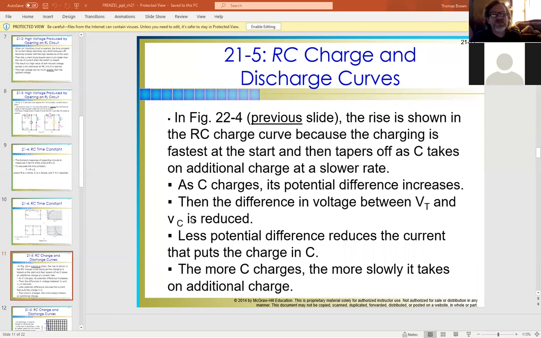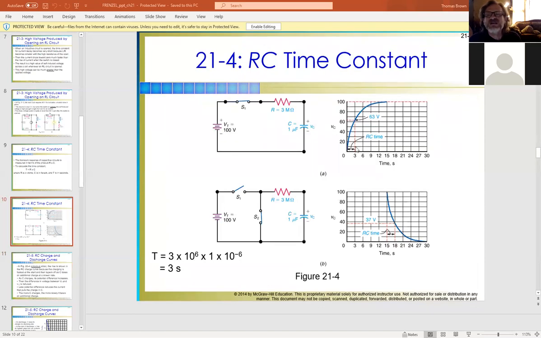So each section here, you're almost effectively dealing with a different circuit each time. As it reaches this point, it has an effect on the capacitor, and then it reaches this point, another effect. That's why each time the curve becomes a little different. In the first 3 seconds, we have this particular response, and the next 3 seconds, we have this, and then this, and this.